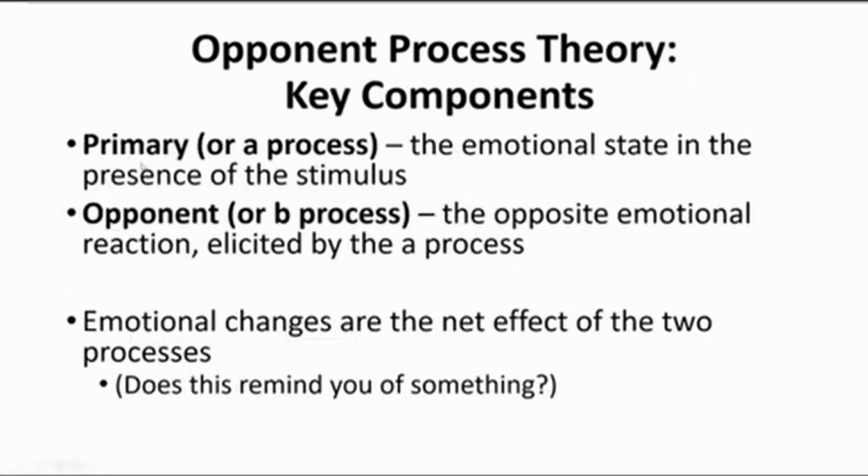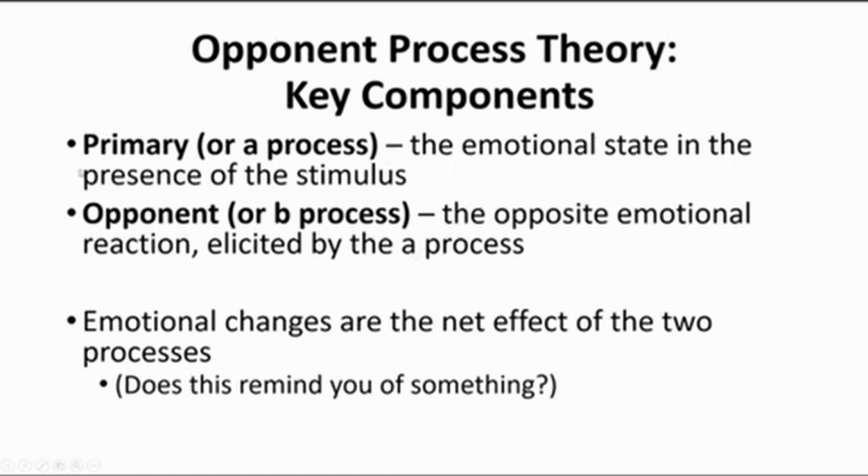So for our key components here, we have a primary, or A, process. This is going to be our emotional state in the presence of a particular eliciting stimulus. And then we have our opponent, or B, process, the opposite process. So the opposite emotional reaction that's going to be elicited after the A process.